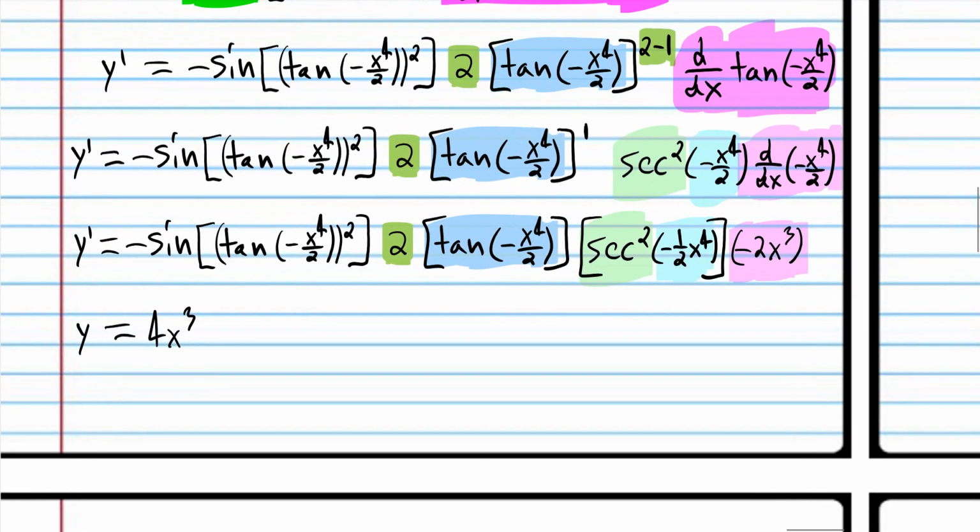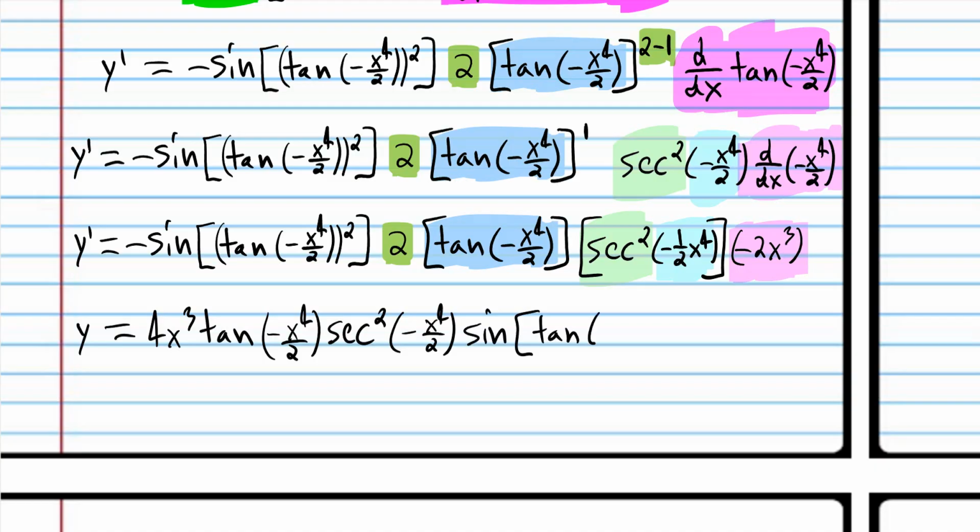And I'm going to write the simplest trigonometric functions first. So tangent of negative x to the fourth over 2 times secant squared of negative x to the fourth over 2, and then times sine of tangent of negative x to the fourth over 2, and we need more parentheses, squared.